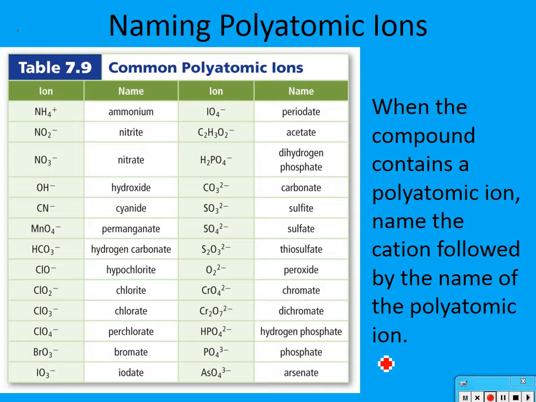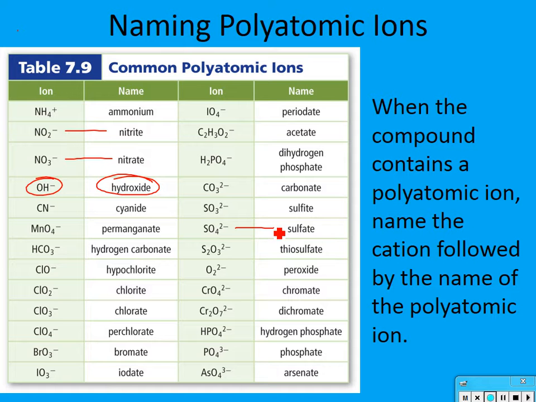I wanted to point out some of the ones that you should remember from first year chemistry, some of the more well-known, common ones. Hydroxide, OH minus. Nitrite and nitrate are pretty common. We used some last time, like sulfate, SO4 with a 2 minus charge.